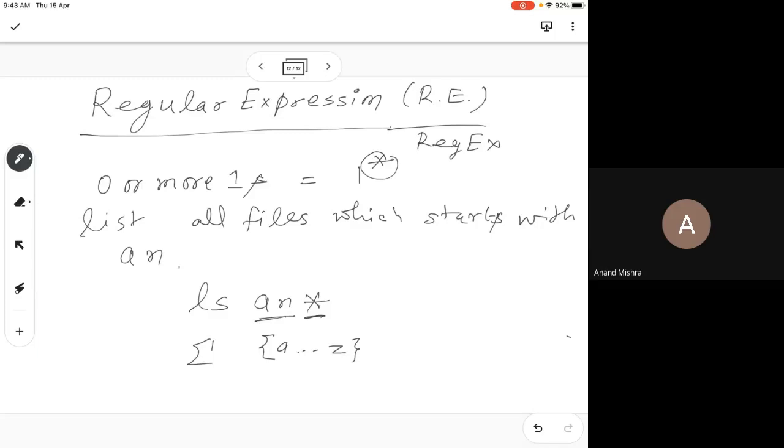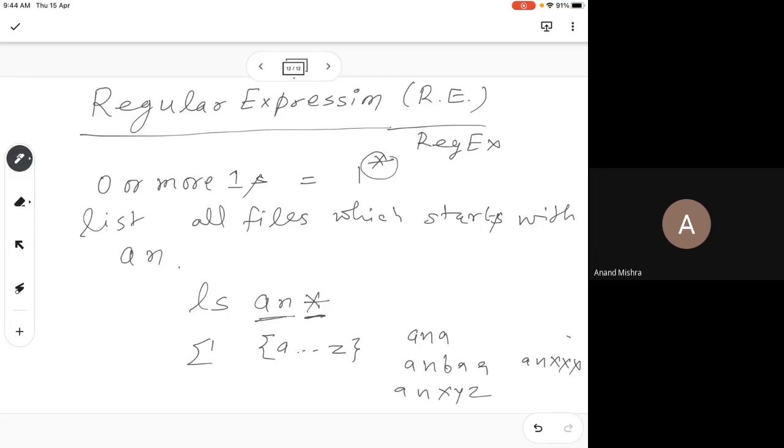So let's say AN A, AN B B B A, or AN X Y Z, or AN XXX. Anything is fine. It starts with AN and then any random string. This is called regular expression, and it has a lot of utility in Linux.